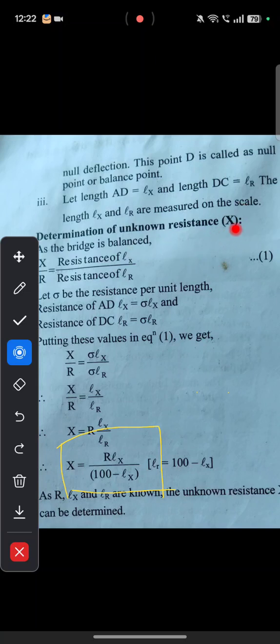Now, what is the condition of the Wheatstone network? The ratios of resistance will be equal. So the resistances connected here are X and R, and the resistance of Lx and the resistance of Lr. So X upon R is equal to the resistance of Lx upon the resistance of Lr.